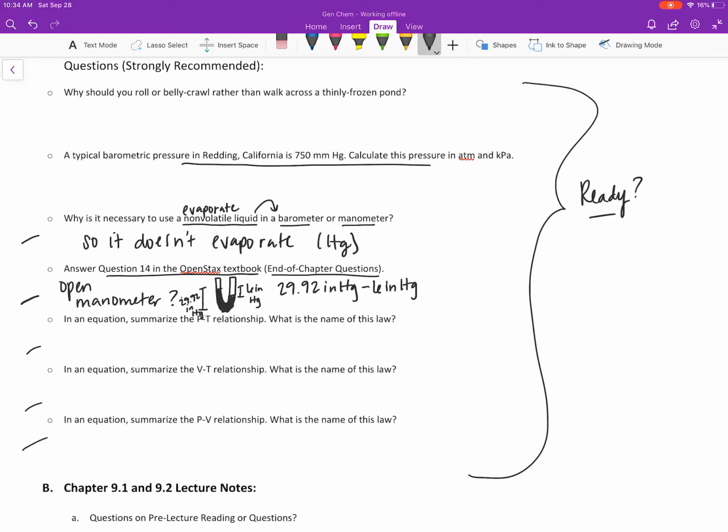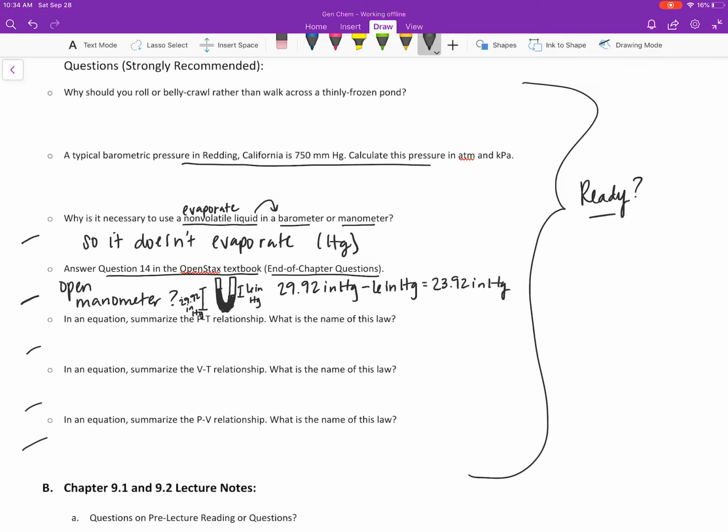If the level on the right was higher, then this would be an addition. Because it's lower, it's subtracting from the total pressure in the manometer. So that means that the pressure is 23.92 inches of mercury.